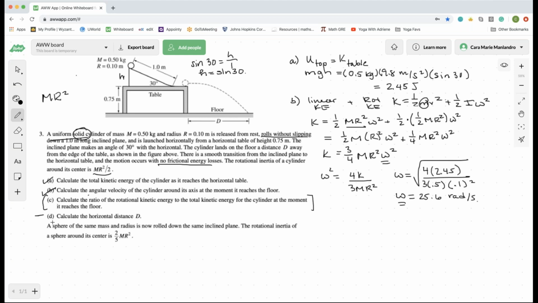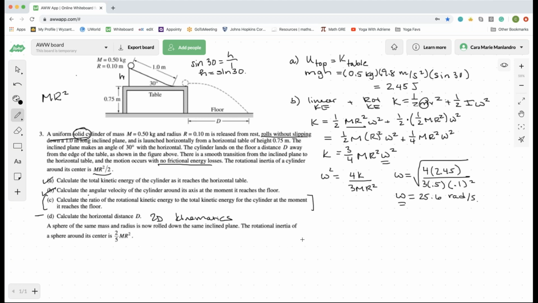Now, let's go ahead and do D because that is a mechanics question. So for D, this is now a 2D kinematics question. So here I have this.